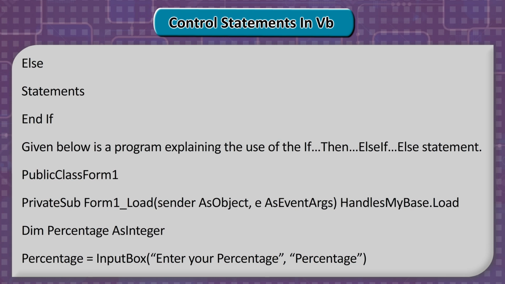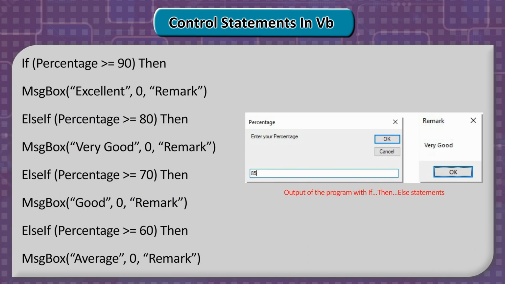Public class Form1, private sub Form1_Load(sender as object, e as EventArgs) handles MyBase.Load. Dim percentage as integer. Percentage equals InputBox, enter your percentage. If percentage is at least 90, then MsgBox excellent, remark. Else if percentage is at least 80, then MsgBox very good, remark.